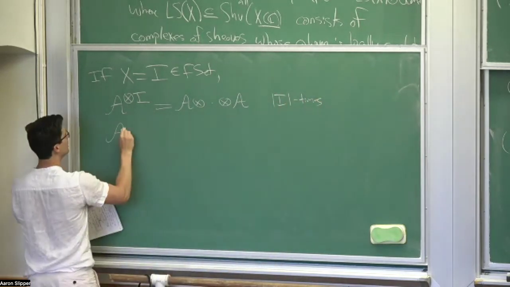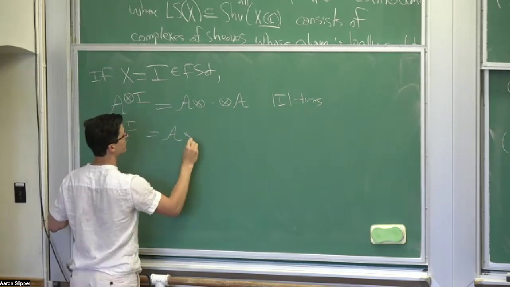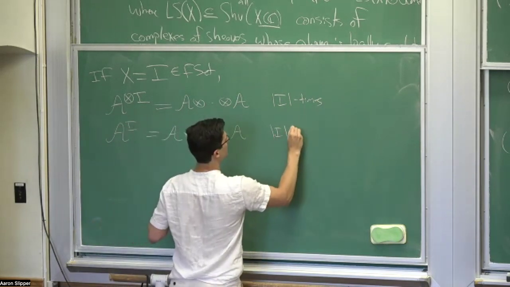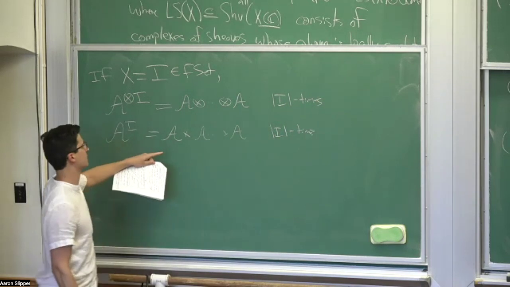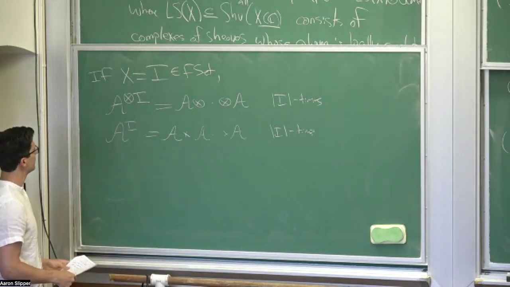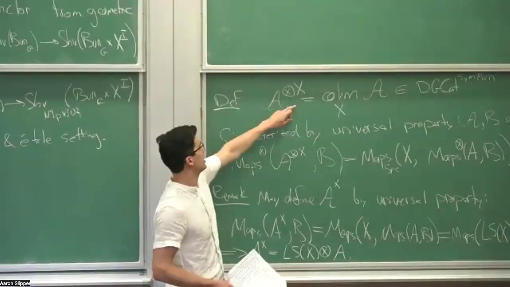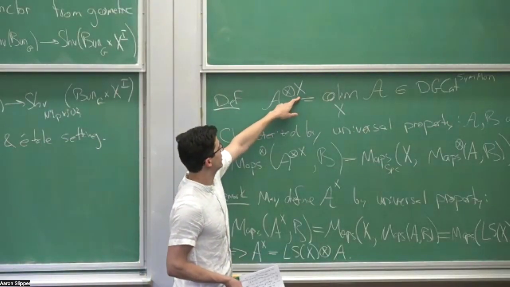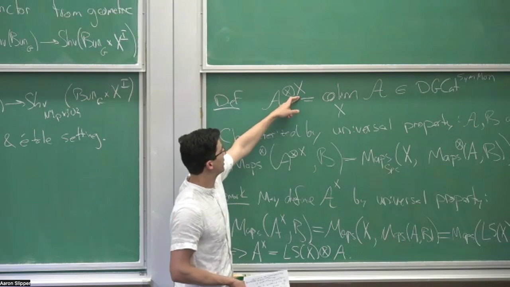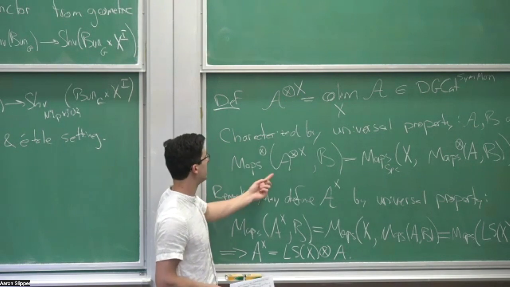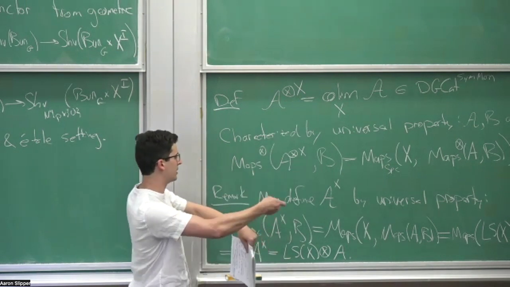And A^I is A cross A, right? Or in other words, maps from I into A. And also immediate from the universal property is that this definition commutes with taking colimits in X. So if you can resolve X in a suitable sense by replacing X with some colimit, then you can compute A ⊗ X by taking A tensor each of the constituents, and then taking that colimit. And we'll do that.